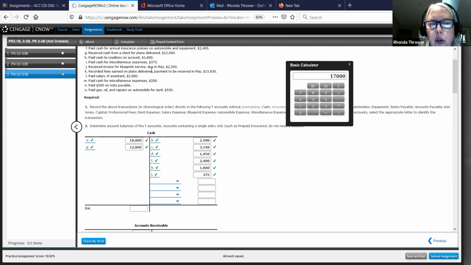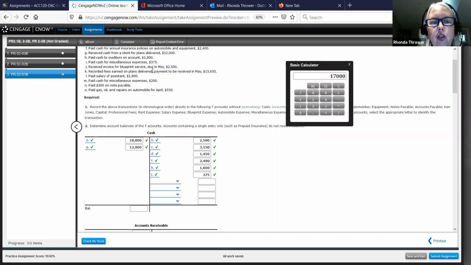Notice that it's due in May, and this month is April. So even though it's going to be due in May, we have to record it in this month to get our revenues and our expenses matched up properly in the right accounting period.